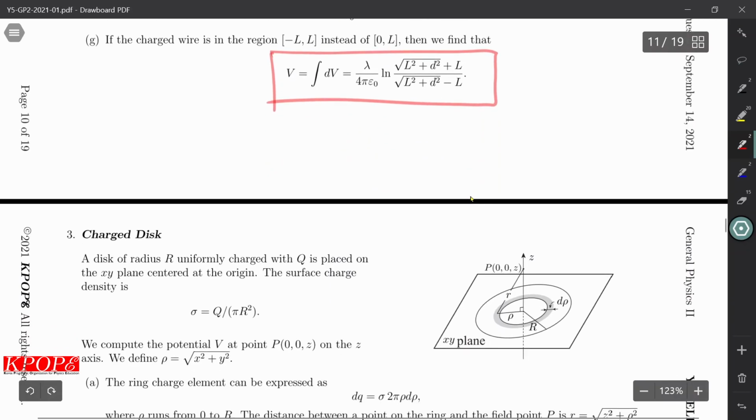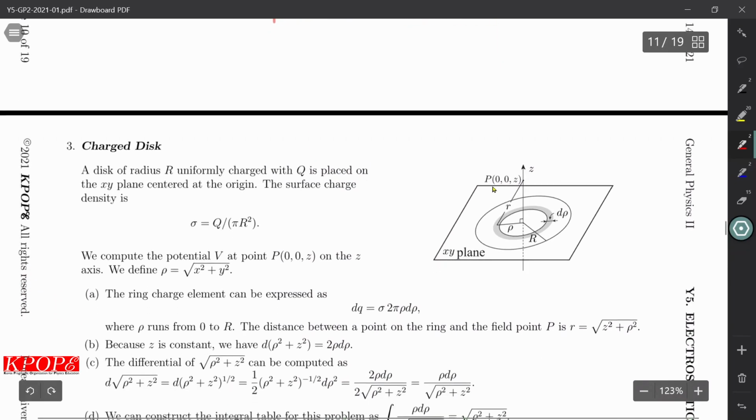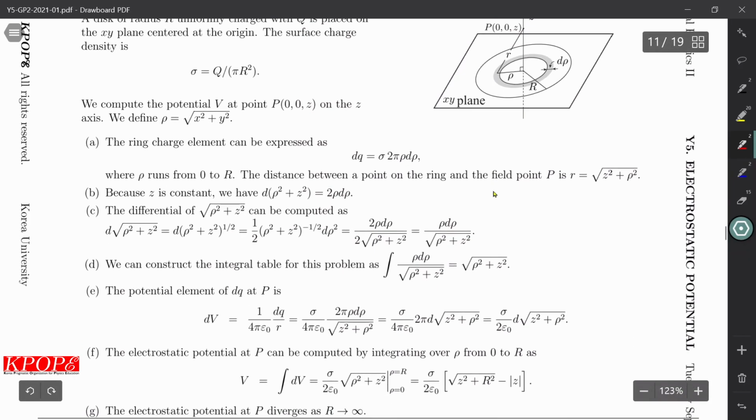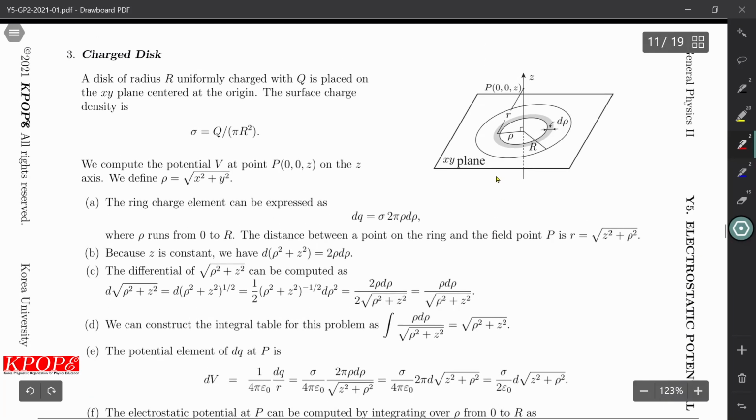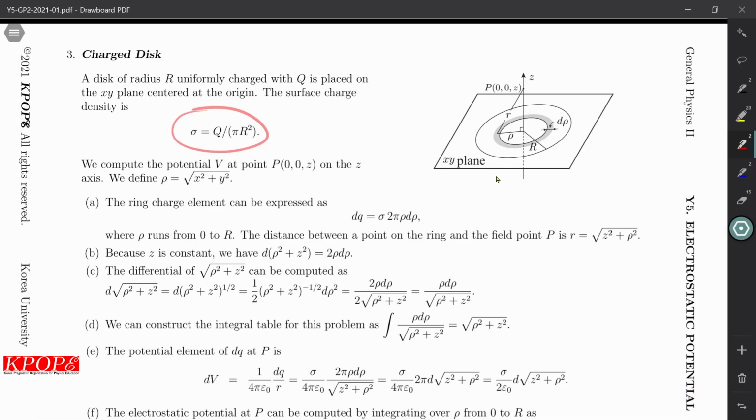Using a similar method, we can also compute the electrostatic potential due to a disk. Again, we have a very similar integral. Let's see. This is a uniform charge distribution over a disk of radius r. So sigma is charge divided by area, pi r squared.